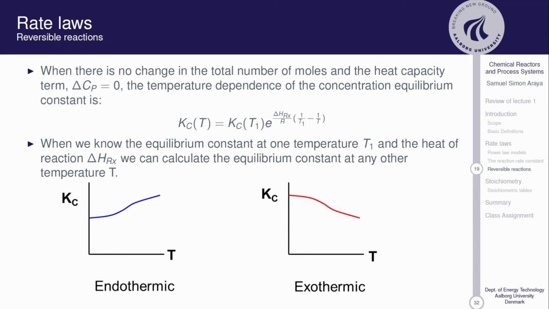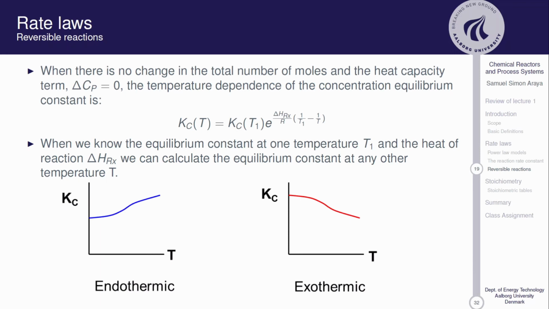If you don't know, an endothermic reaction is a reaction that takes heat to take place, so basically it requires heat to proceed, whereas an exothermic reaction is a reaction that releases heat as it proceeds. And therefore the equilibrium constant will increase in the case of endothermic, and in the case of exothermic it will decrease.